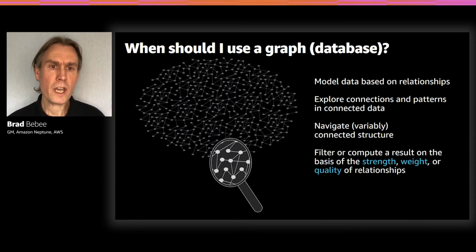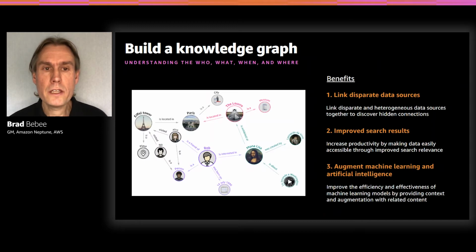So, what kinds of problems are customers solving with graphs? Customers are building knowledge graphs. Knowledge graphs are a way of organizing and structuring information for better access and understanding.